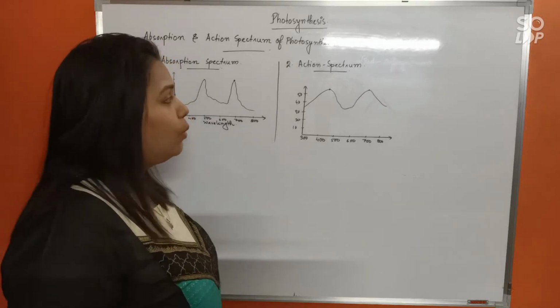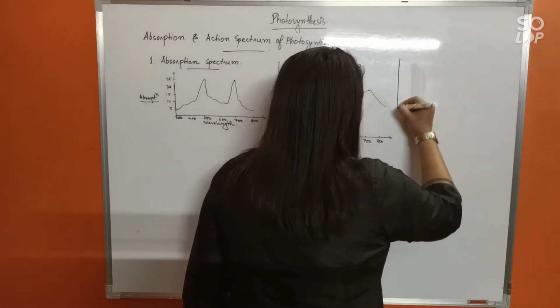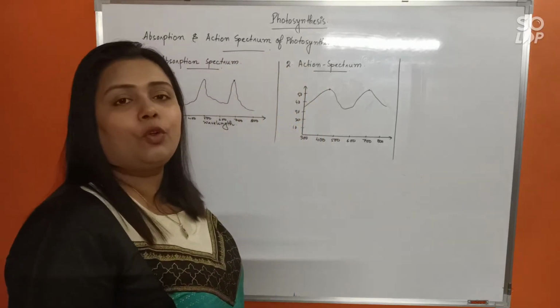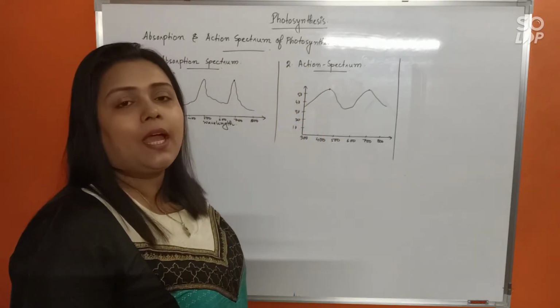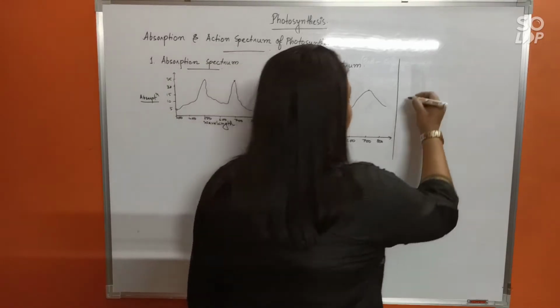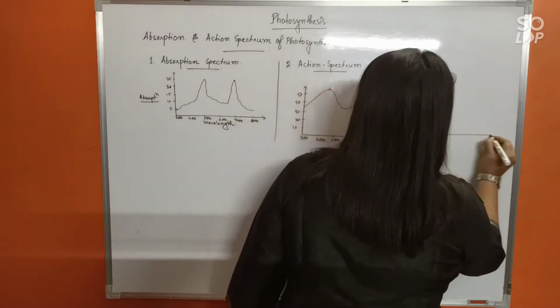Okay. Now, if we compare the absorption of chlorophyll A, B and carotenoids at different wavelengths, we will find a graph like this.